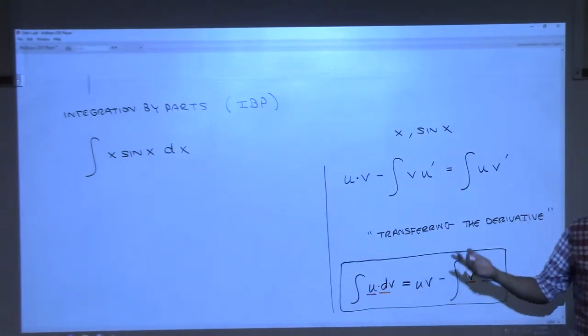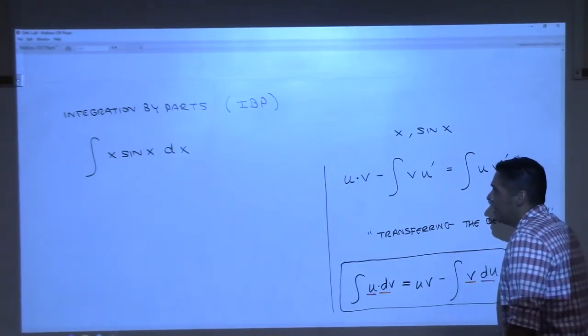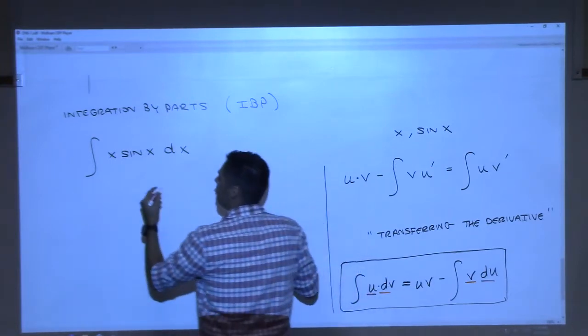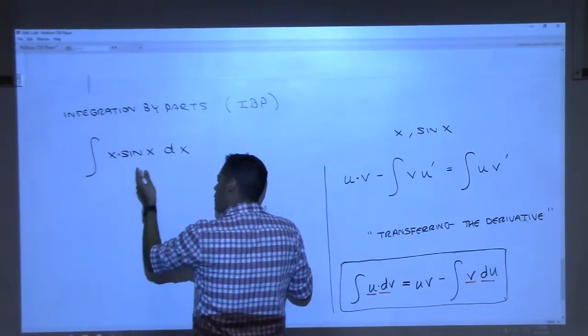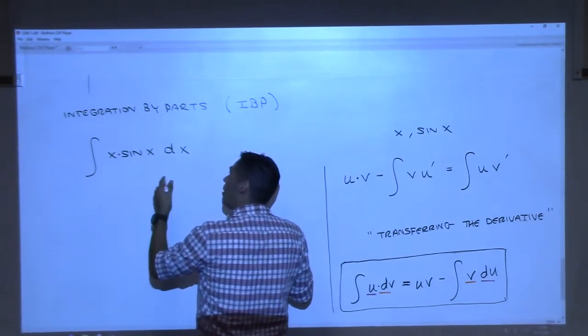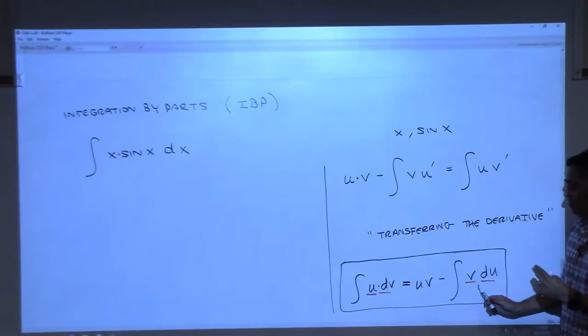I don't have a technique to attack this, right? But let's look at this. I recognize multiplication here. If I call one of these u and the other one dv, then in the new integral I'm going to be working with v and du.